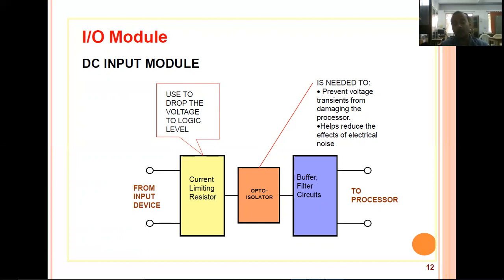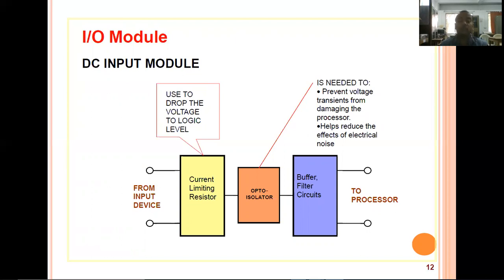If a large amount of current and voltage goes through the processing unit, the entire process can be hampered or damaged. So the current limiting resistor drops the voltage down to a logic level. After that, there will be no direct connection between the processor and the IO unit.